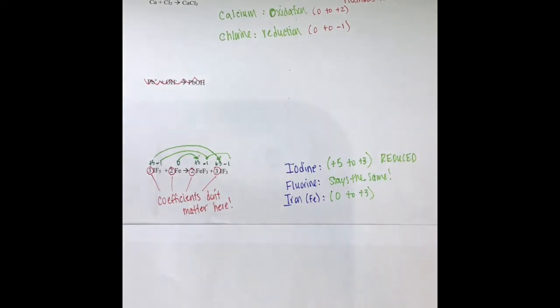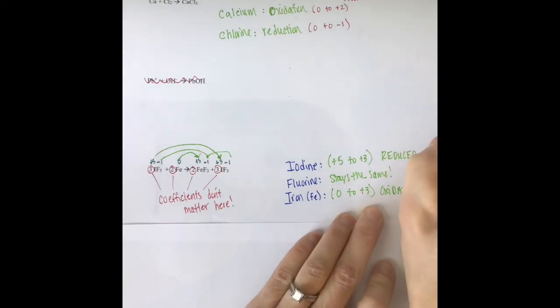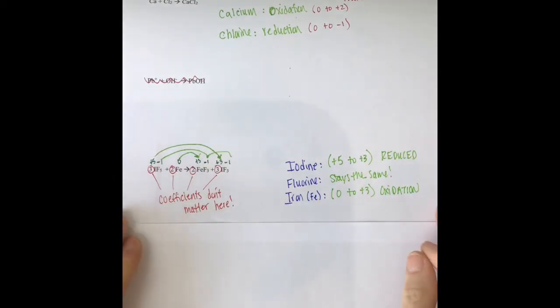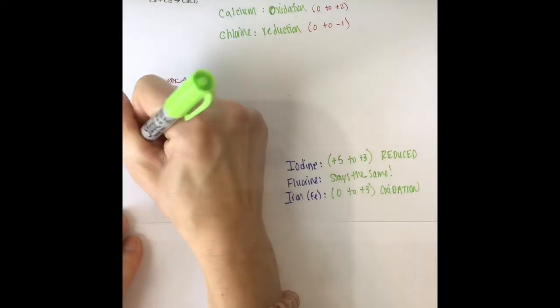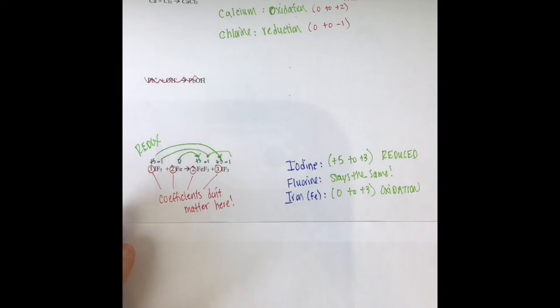It's becoming more positive, which means it's losing electrons, and this is oxidation. Okay, so we have reduction and oxidation happening in the same reaction. This is also a redox reaction.